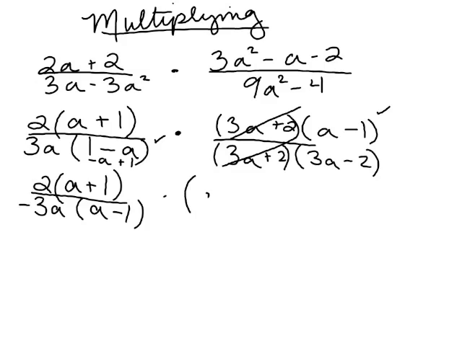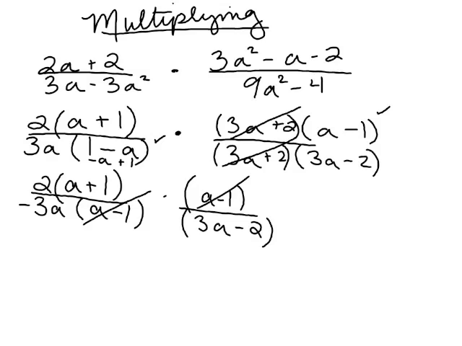And then over here, I had an a - 1 over 3a - 2. Okay. Now my a - 1s can cancel out.